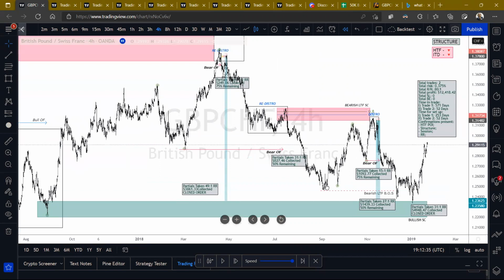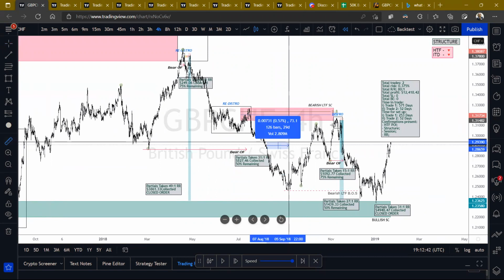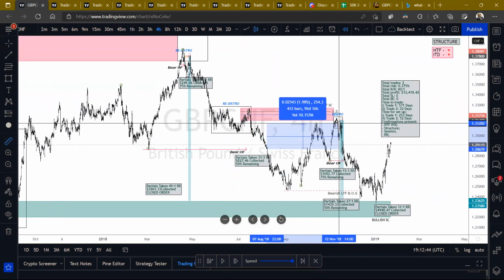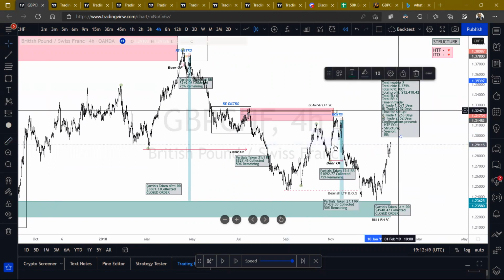Happened once when we broke this low here. So from this low to about the 96, all of 97.